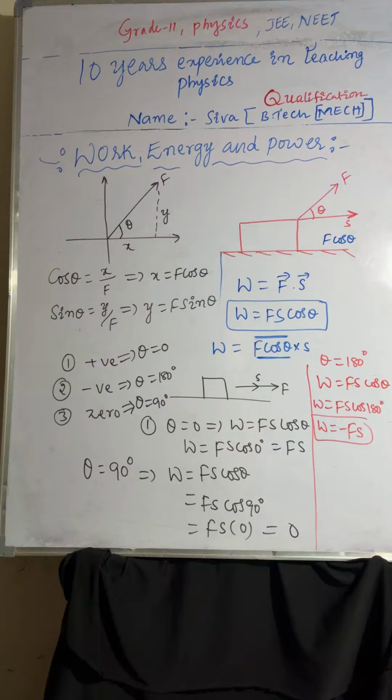When the force and displacement are acting in opposite directions, theta equals 180 degrees, and at that time work done is negative. Understood? So these are the points: theta equal to 0, 180 and 90, giving positive, negative and zero work done. So this is about work done, positive, negative, and zero, right?